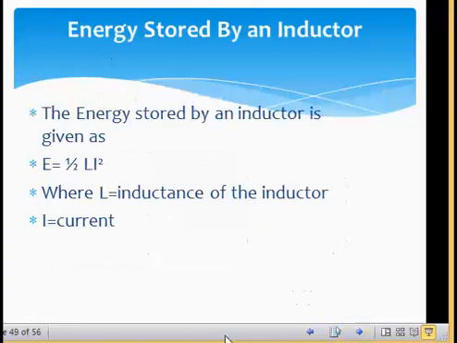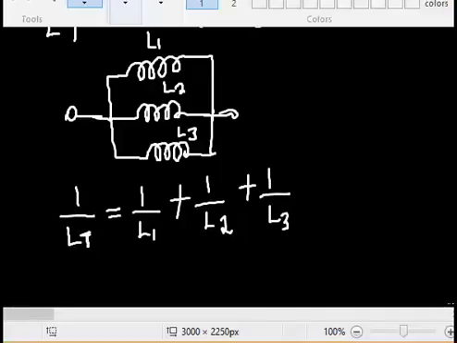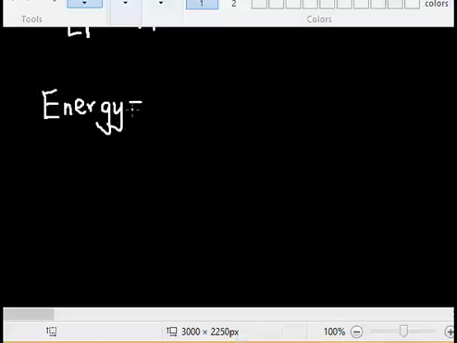Then finally we look at the energy stored by an inductor. Since an inductor stores energy in a magnetic field, how do we evaluate the energy? The energy stored by an inductor is given by the formula half L I squared.